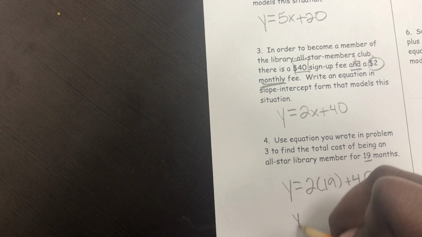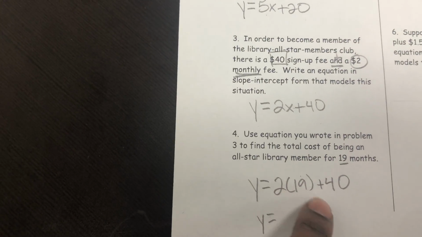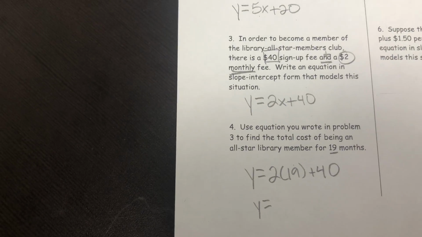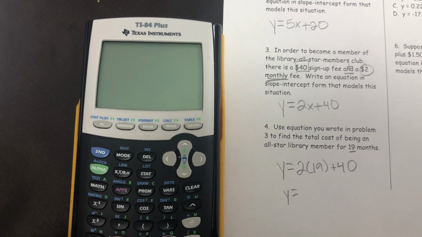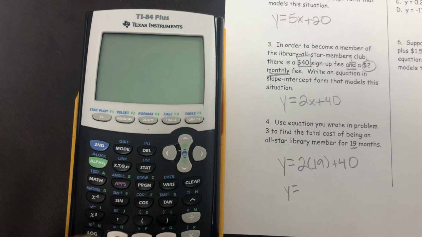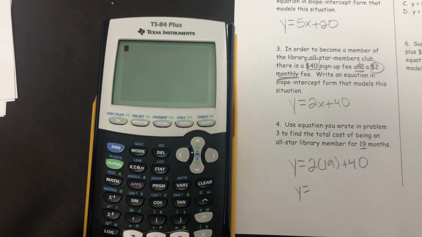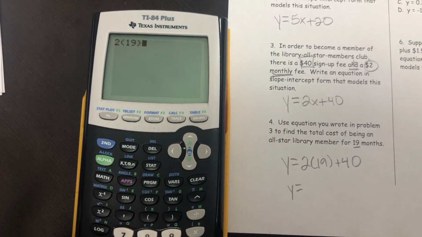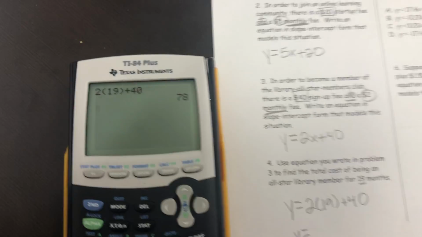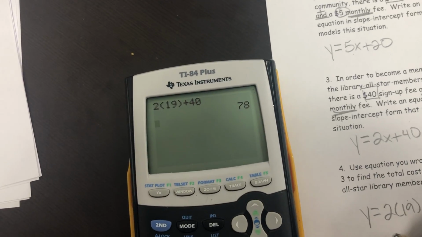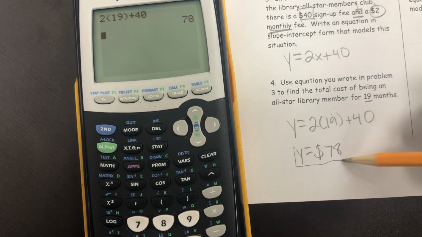So then after that, just type 2 times 19 plus 40 into your calculator. Sometimes you'll have problems like this where they want you to actually plug a number in, but it's not difficult at all. So 2 times 19 plus 40. There you go, you get 78. So it costs $78.